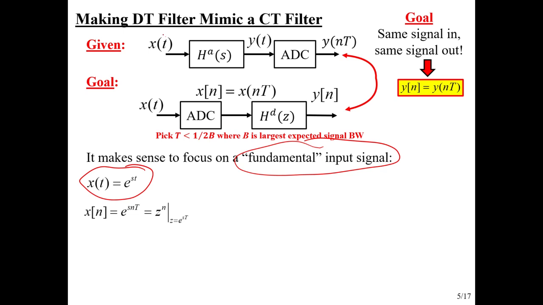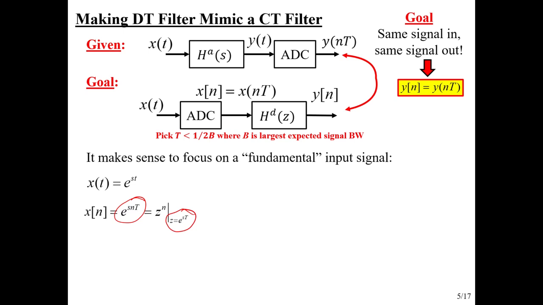So we're going to put that in here. And so let's take a look to see what happens right here. After the A to D converter, assuming that A to D converter is perfect, there's no quantization and no issues with it, replace little t by n capital T. Now we get e to the snT, and then if we define z to be e to the sT, we can just write this as z to the n.